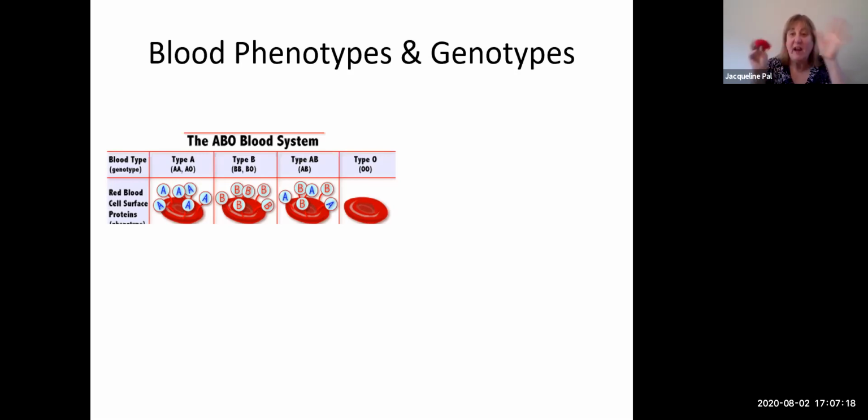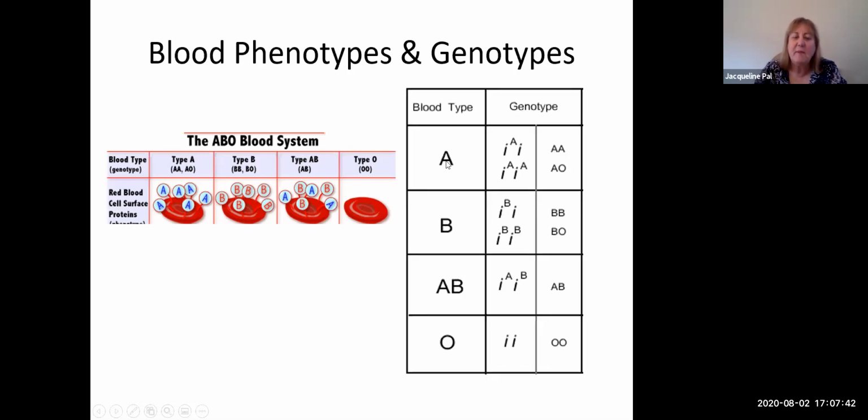So no parent gave you any type of gene. When you're looking at these pictures, I don't want you to think, oh, if you're A, it means you have little blue balls on the top. No, it just means you have this protein, which we have named the A protein. So what does that mean?